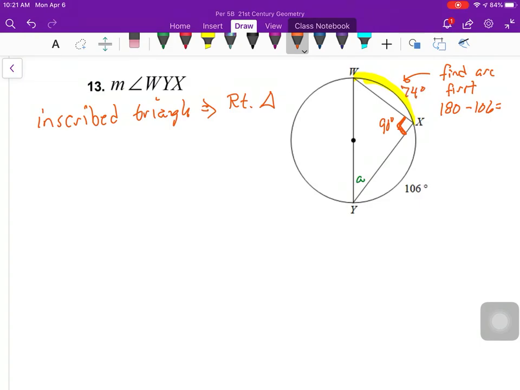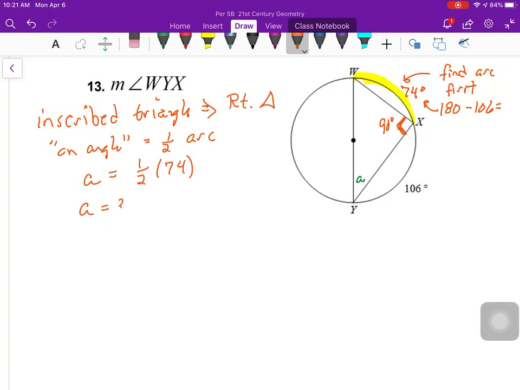And to find that, I'll take 180 and subtract 106. I find out that that arc is 74 degrees. And then it's an on angle equals half of the arc.